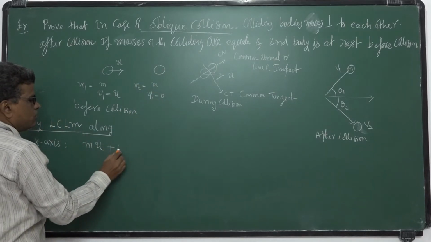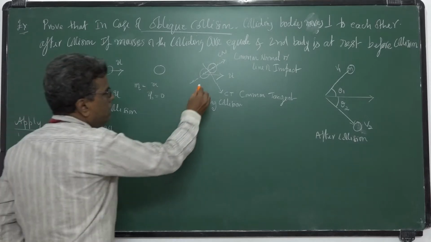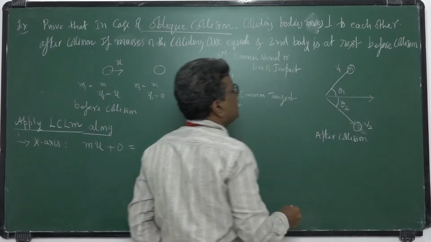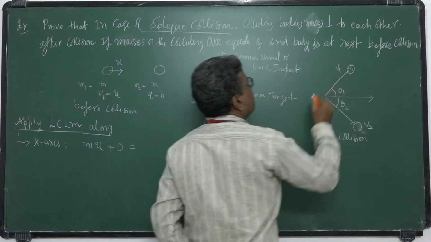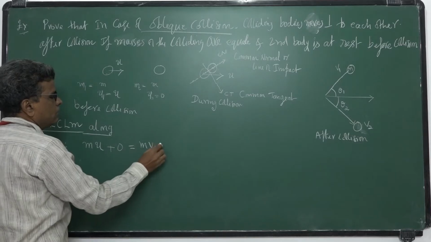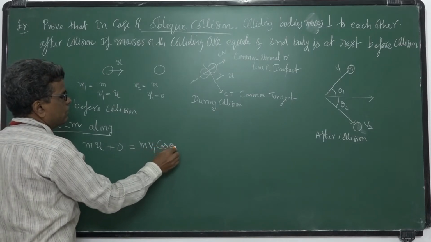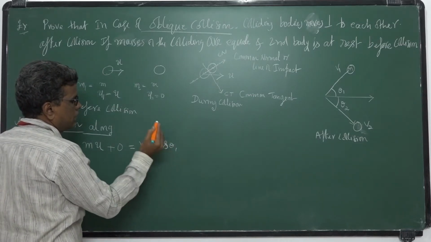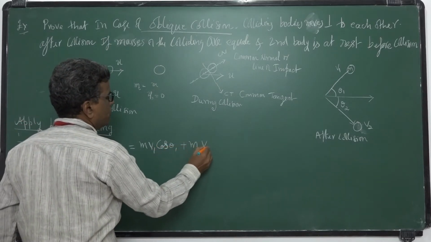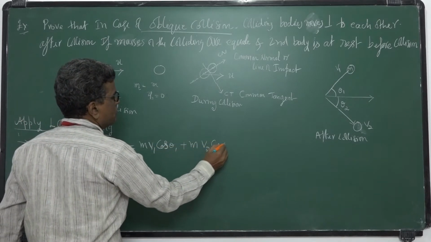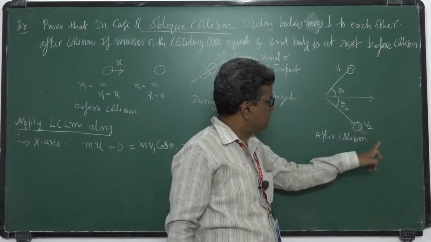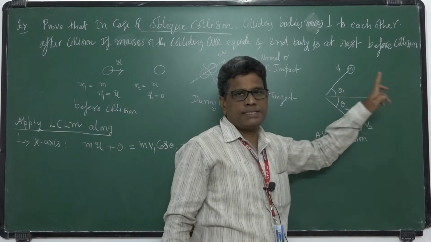So mu plus 0 is equal to the momentum after collision: mv1 cos theta 1 along the x-axis plus mv2 cos theta 2 along the x-axis.